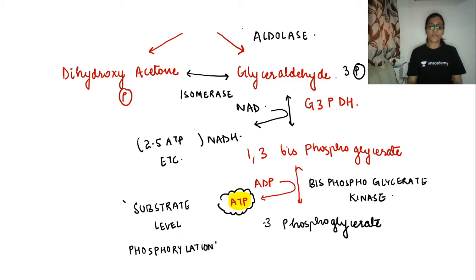Substrate level phosphorylation. Then 3-phosphoglycerate is going to change into 2-phosphoglycerate. This 2-phosphoglycerate is formed from 3-phosphoglycerate with the help of an isomerization reaction, and the enzyme is mutase.